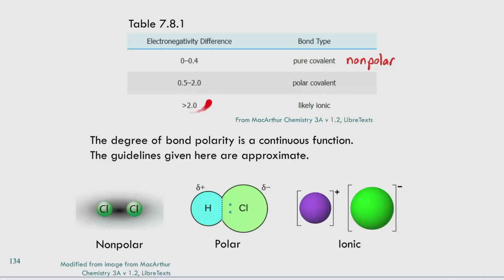If you're above 2.0, it's likely ionic. So the numbers 0.4 and 2.0 for our differences, those are our cutoff points. These are just approximate guidelines. It's really on a continuum, but to be able to classify things, we put some numbers to it.